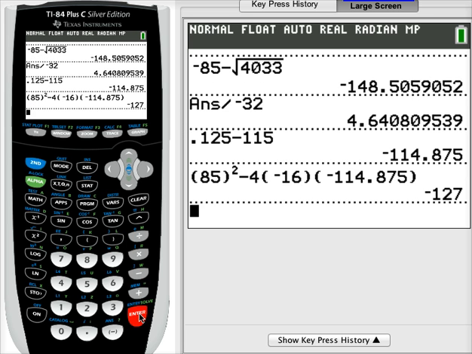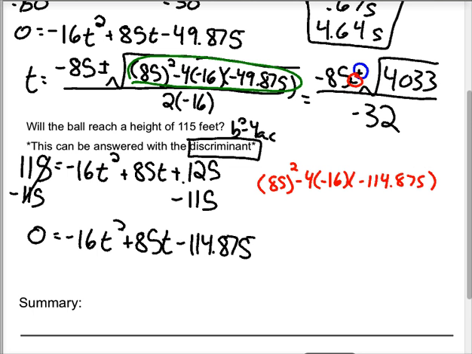We get a negative number. We get negative 127. Now remember, when that discriminant is negative, we talked about this yesterday. When it's negative, it means that there is no solution. All right, you can't have that situation. So the answer we're going to give is no. It will never reach that height of 115.